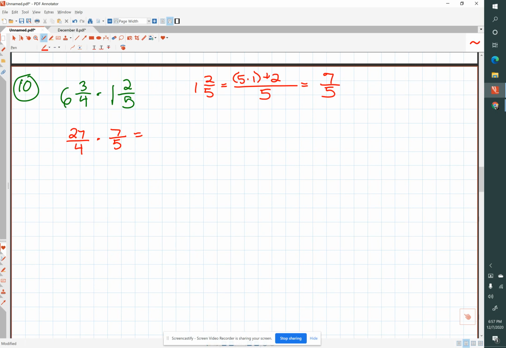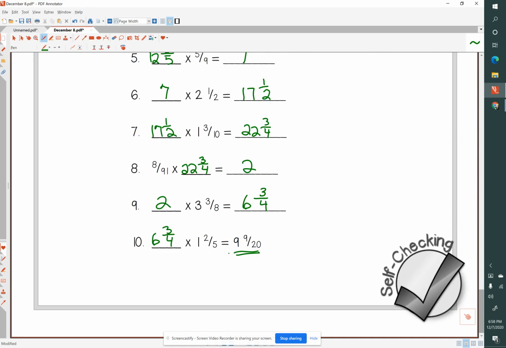And there's nothing to simplify. So we're going to have to multiply straight across. 27 times 7 equals 189. 4 times 5 is 20. And let's turn this into a mixed number. It's an improper fraction, so we will divide 189 by 20. And I'll try 9. 9 times 20 is 180, with 9/20 left over. And let's see if our answer checks.